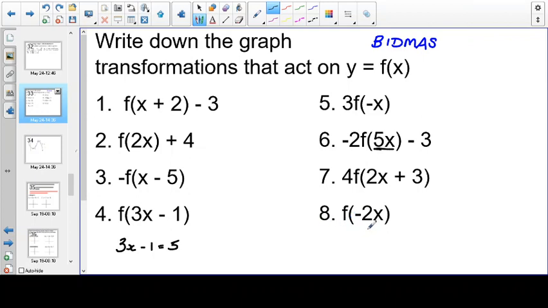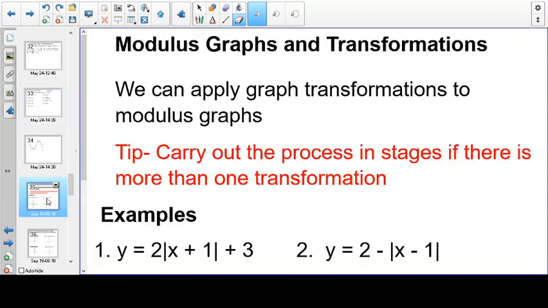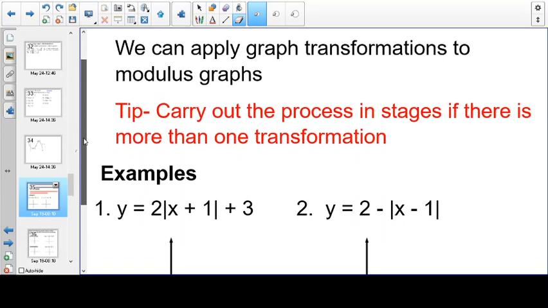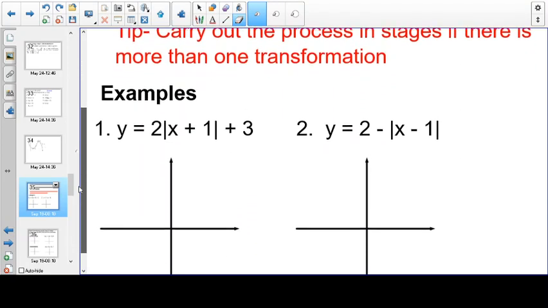Okay, so there's multiple things going on. Generally follow BIDMAS unless you've got 2 things inside the bracket, and then you're considering inverse operations. Okay, so how does that apply to modulus graphs? It says, tip, carry out the process in stages if there is more than one transformation.